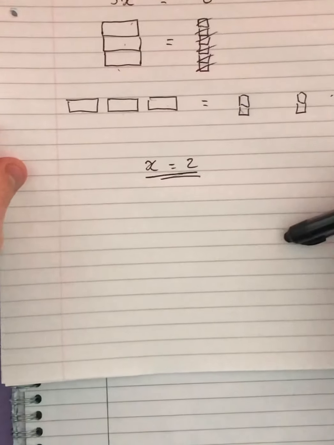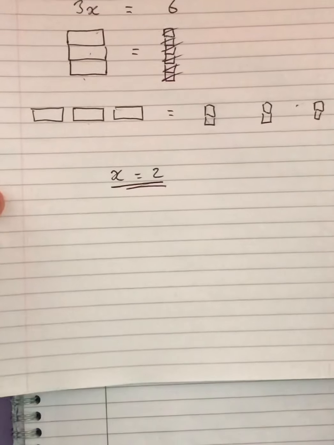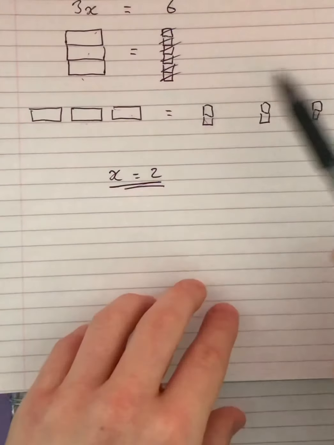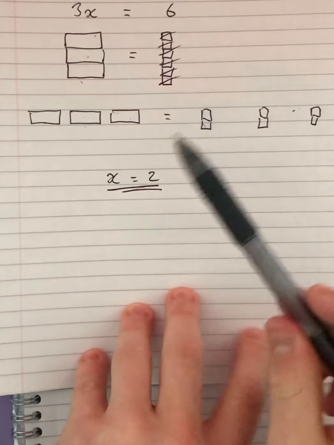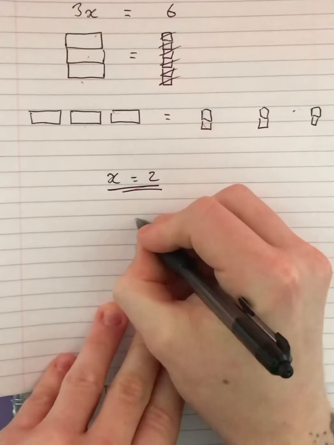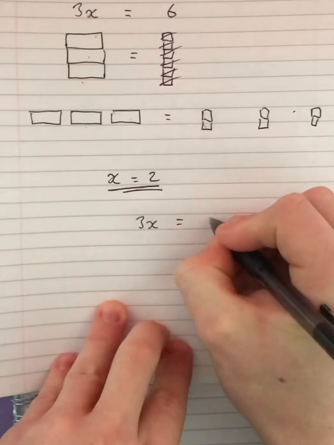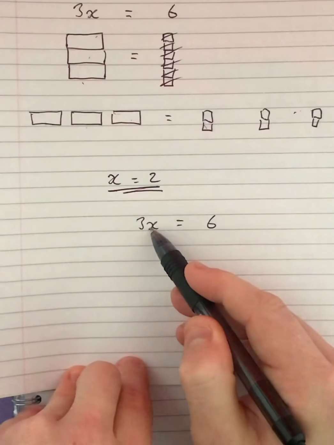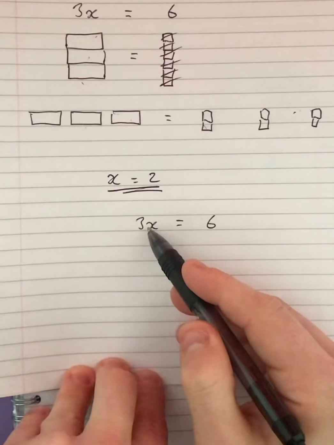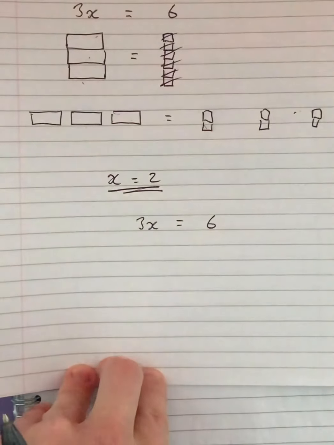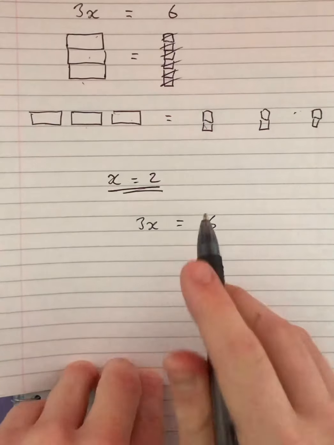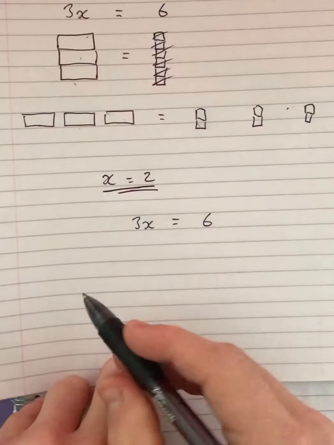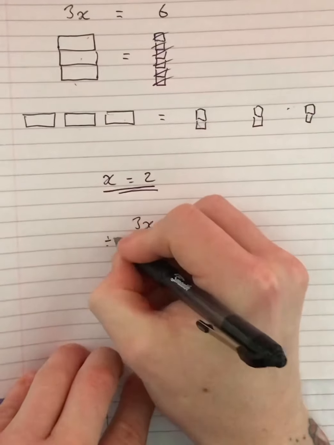Now, you don't have to draw any of these diagrams. You can just start off with your equation and say, well, I know that I've got 3x there, so I know that if that was a diagram, there'd be 3 rectangles there. I want to split that into groups of only 1 rectangle, so I'd have to split it into 3.